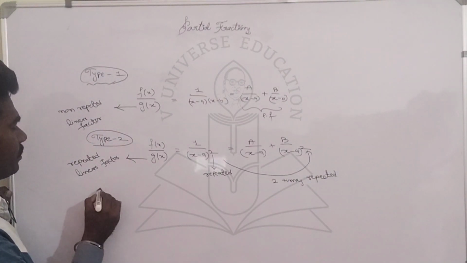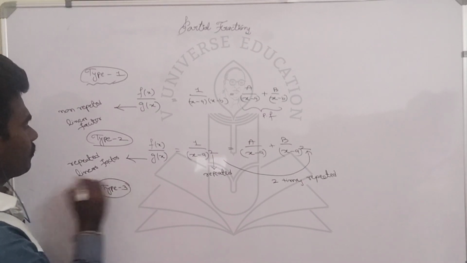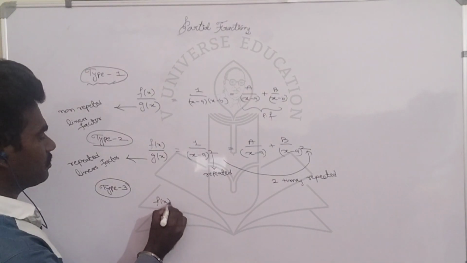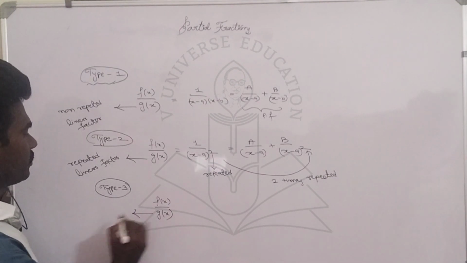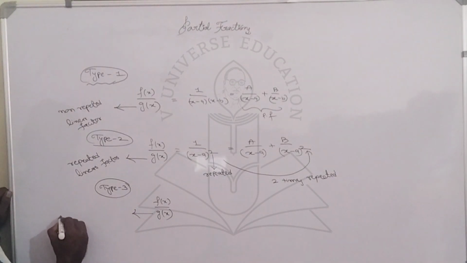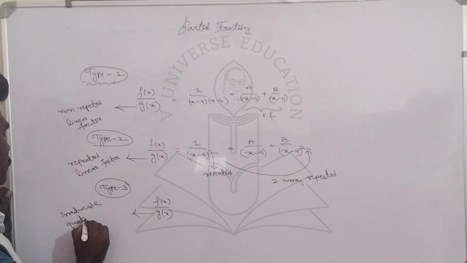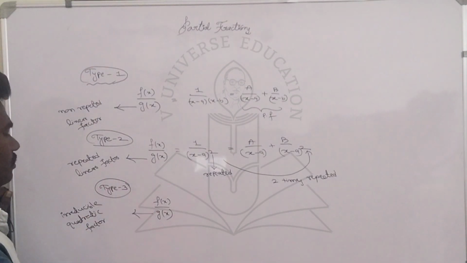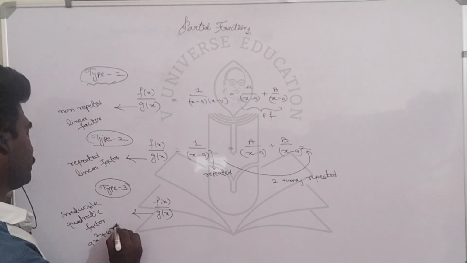Now coming to type 3. So in this, for a given f of x by g of x, if g of x is an irreducible quadratic factor, that is we can say ax square plus bx plus c.